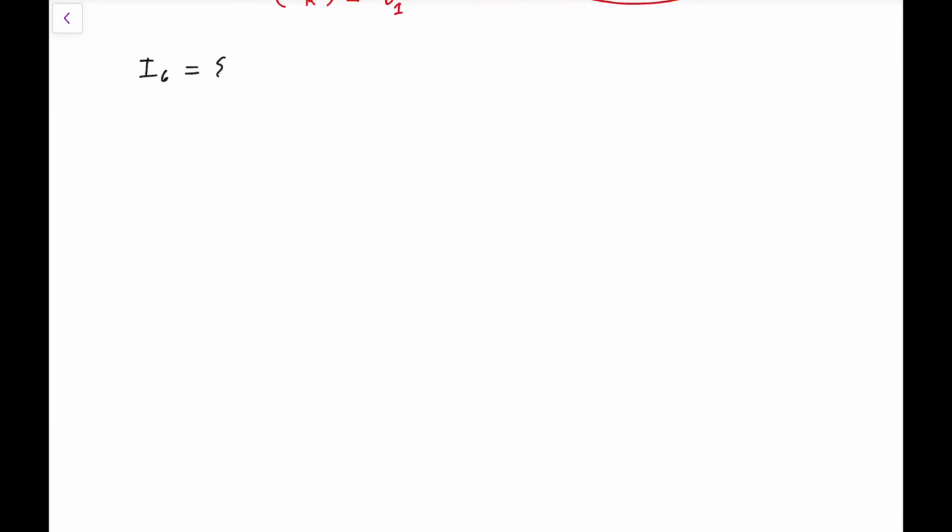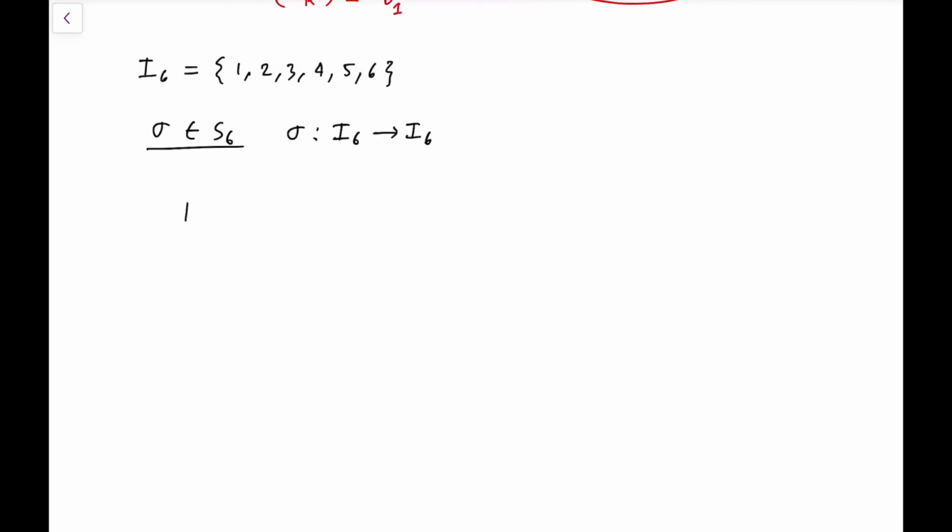I6 is 1 2 3 4 5 6, and suppose sigma belongs to S6. So sigma is a bijective mapping from I6 to I6.